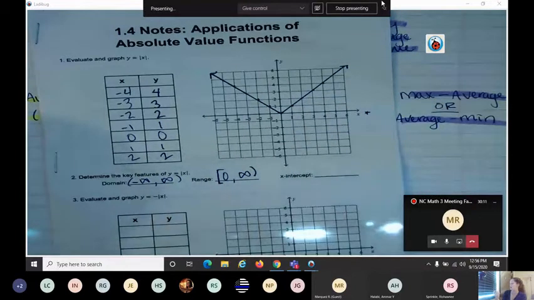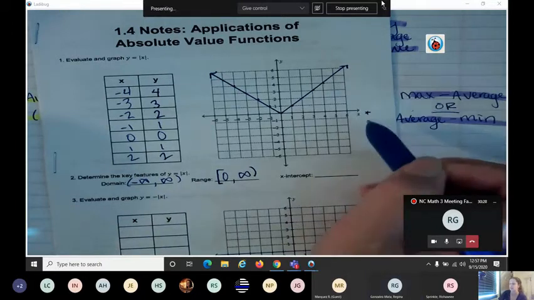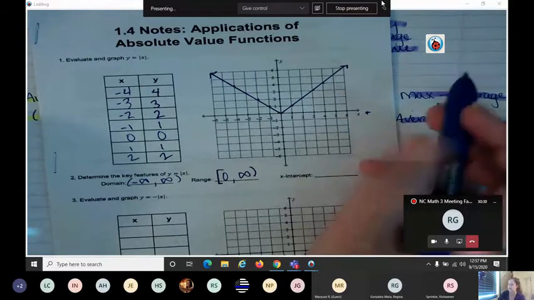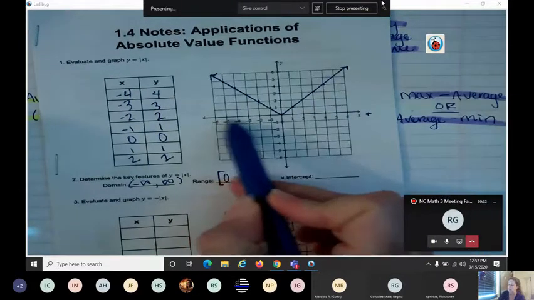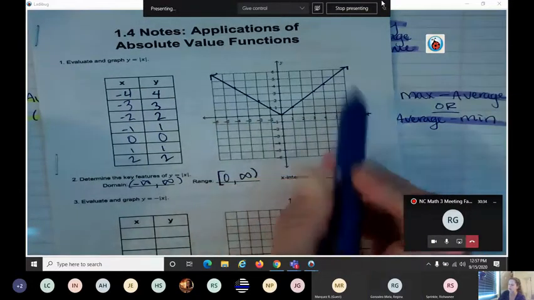Okay. Regina, are you here? Yes. So what's my x-intercept going to be? Not gonna lie, I don't know. Okay, so it's where it crosses the x-axis. The x-axis is this line right here. So at what point does this graph touch this line?